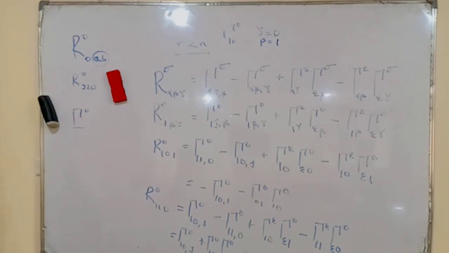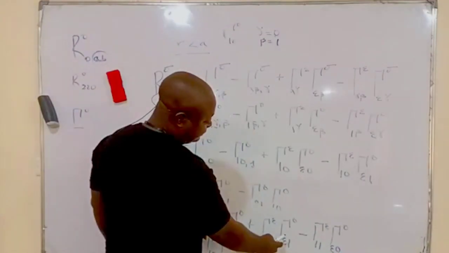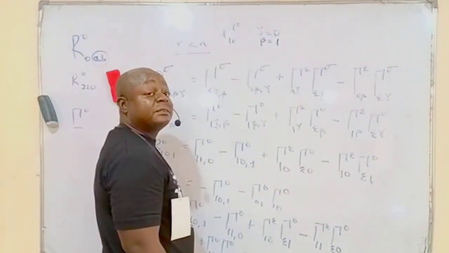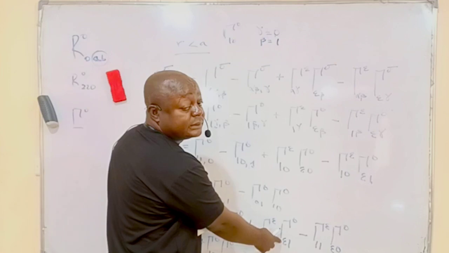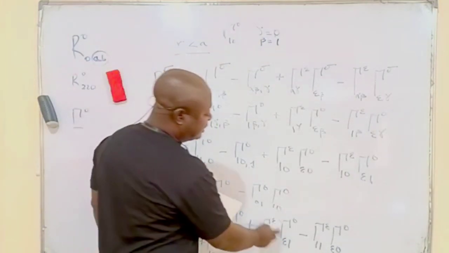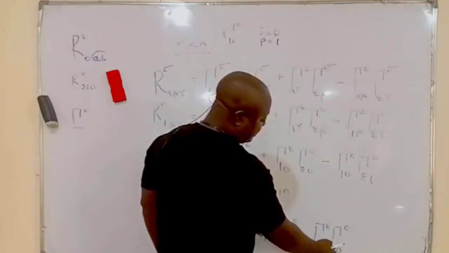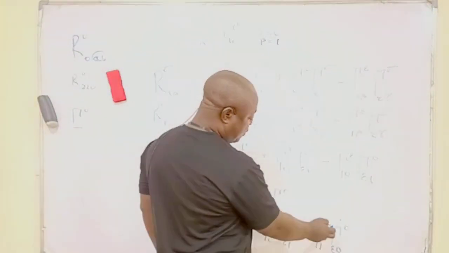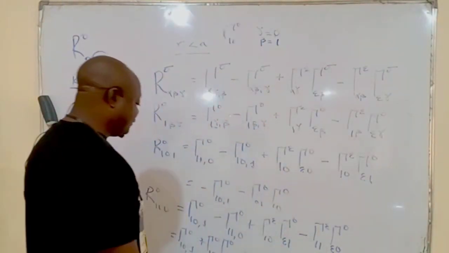Is that not? Then if I go to 1, it will not survive. We don't have 0, 1. We don't have 0, 1, 1. So this one will not survive. You go to 2, it will not survive. You go to 3, it will not survive. And then if you come here, 0, it will not survive. 1, will 1 survive? 1 will survive.